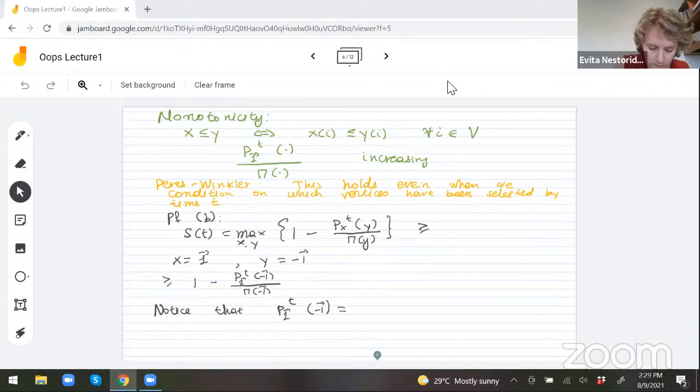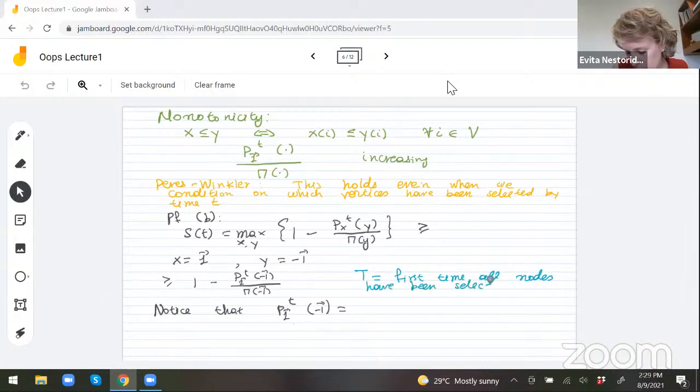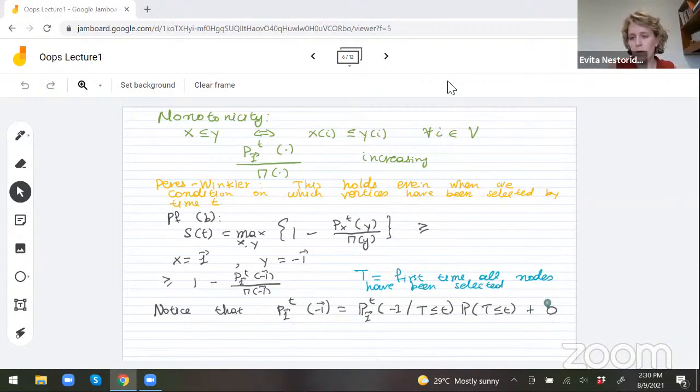So if we consider the stopping time, capital T, to be the first time all nodes have been selected, then we do the Bayes formula: we condition on T having happened, times the probability that T has happened, plus, if we condition on T having not happened, as I said, it's impossible to get from all ones to all minus ones. So from the Bayes formula, this is a 0.